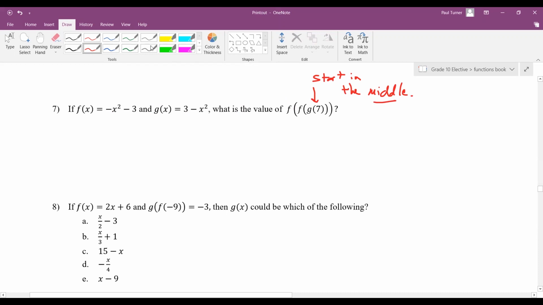Right in the middle. And that function is g(7). You see that? g(7). So we know what g is already. So you calculate g(7) first. Then you put that into f and you put that number back into f again. Right, you try that one and see what happens there.